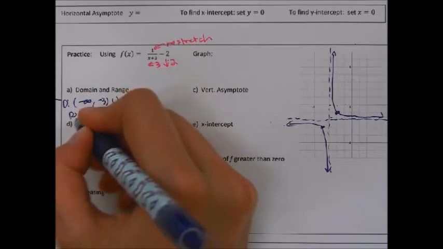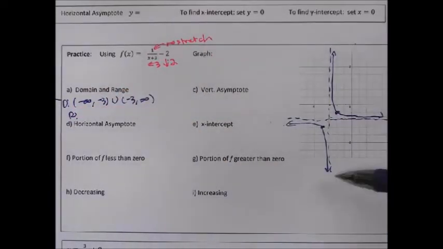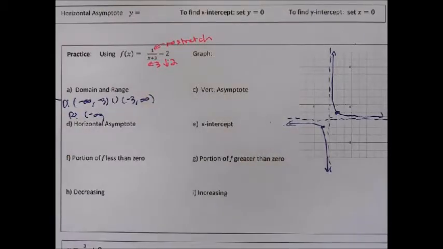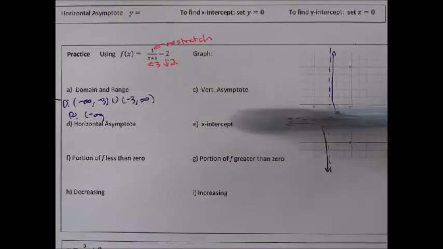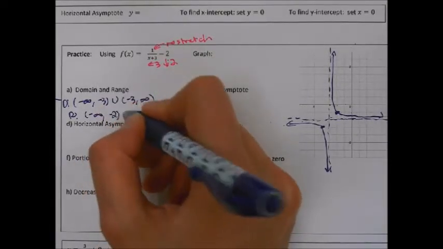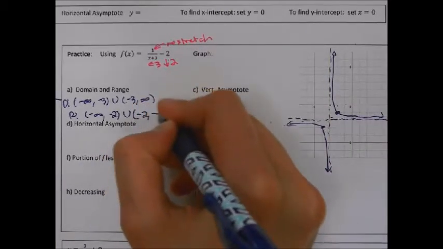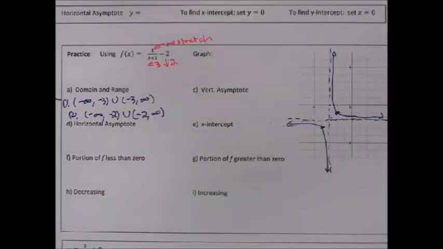Remember, range is bottom to top. We start at negative infinity. We stop at negative 2. Pick back up at negative 2. And go to positive infinity.